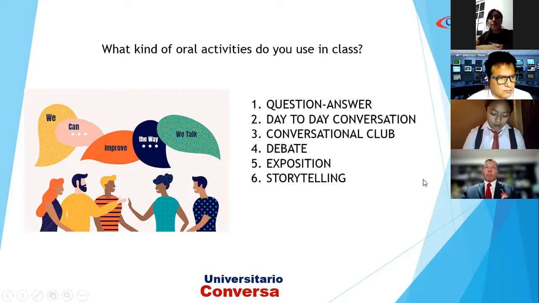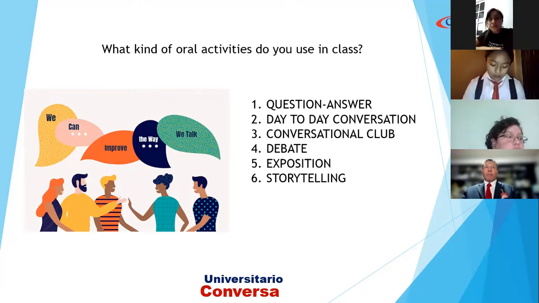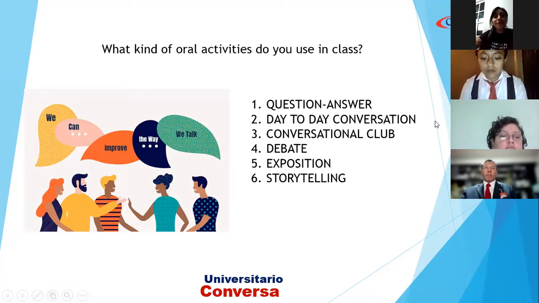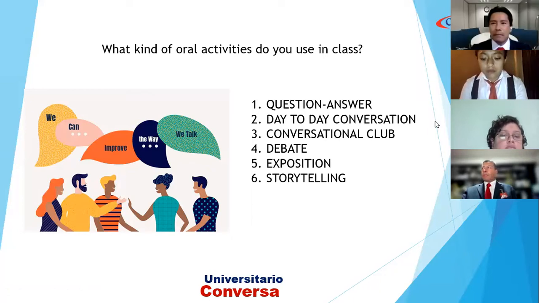So storytelling, I think, is when the students talk about maybe real life, for example, a real experience, last vacations or something like that. So using the previous topic, for example, if we say simple past, maybe they have to talk about it using the simple past, I think.